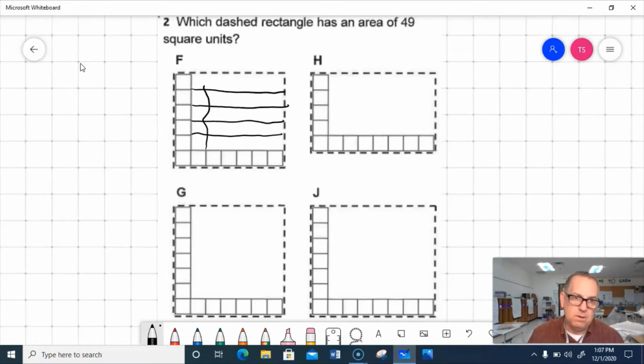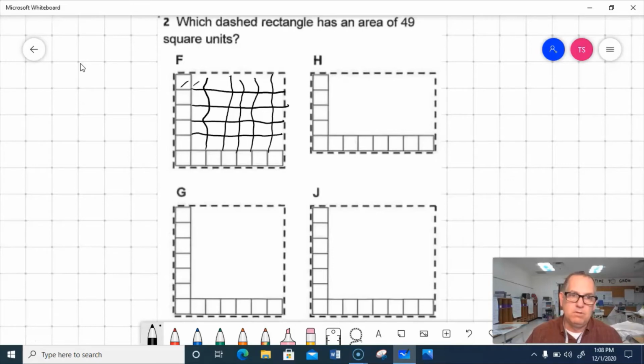So you see I'm filling in the rest of the squares right there. Sorry, it's a little bit squiggly. Then I can go through and start counting my squares, and I put a dash mark every time I count one.